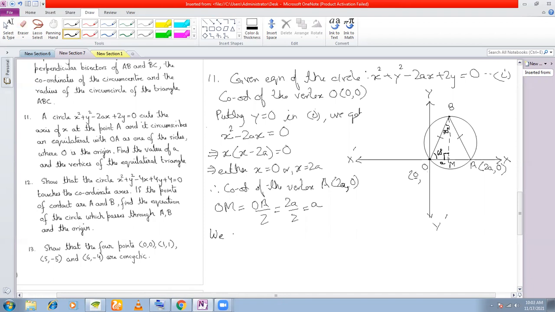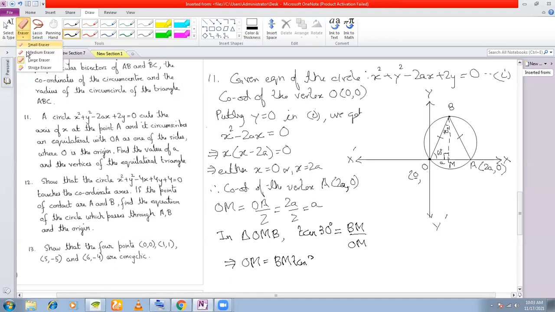So let's write, in triangle OMB, tan 30, or you can use tan 60 also. Tan 30 is equal to BM by OM, right? So BM is equal to OM tan 30, we need to find out BM.